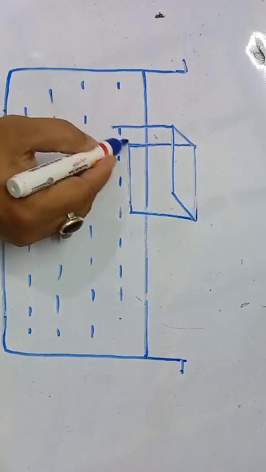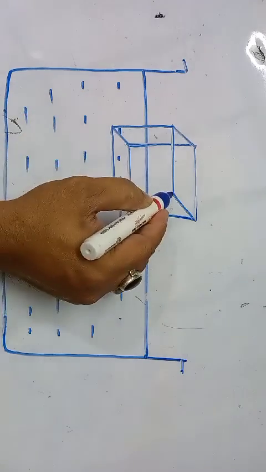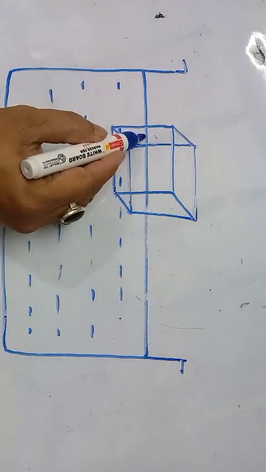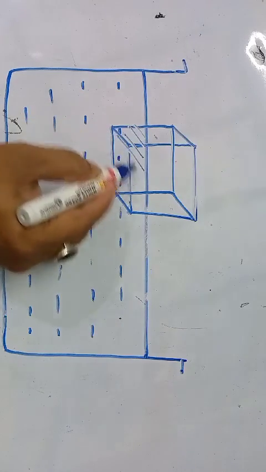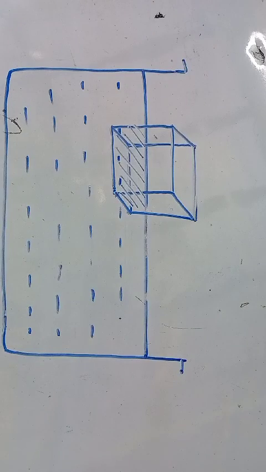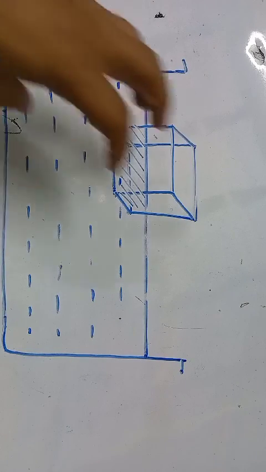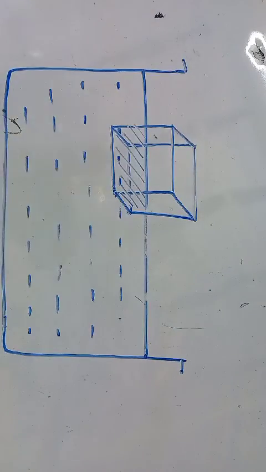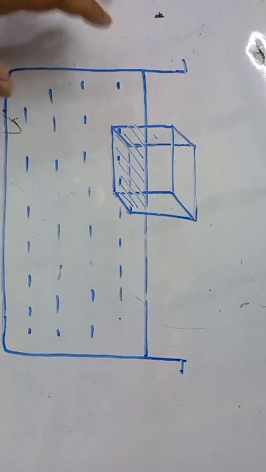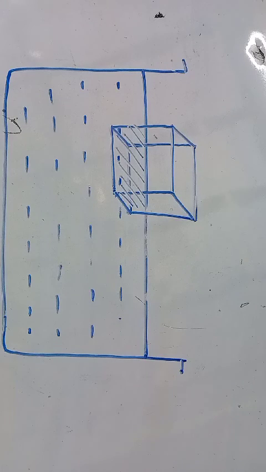You see, the idea here is this: it is only this portion of the body which is below the liquid surface. So this is a situation in which that same cuboidal or cube shaped body of uniform mass has been immersed, not fully but partially, in water.